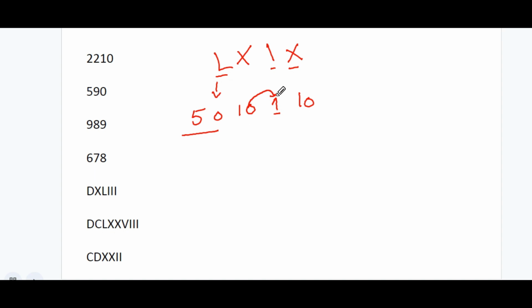It is fine, but after 1 you got a big number, that is 10. It means this 1 and 10 are going to be subtracted, and 10 minus 1 will give you 9 over here. So these numbers will be added, that is 50 plus 10 is 60. Now you have to add these numbers and you will get your answer equals 69, right?